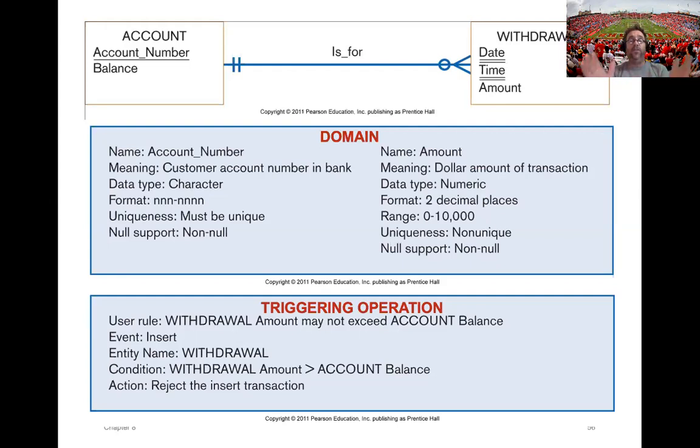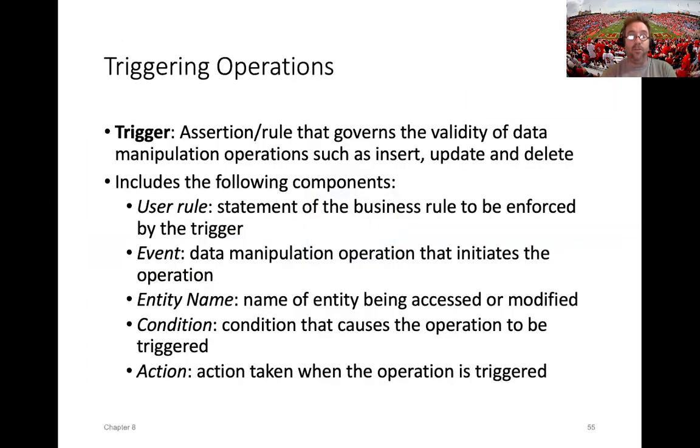So essentially the relationship between these 2 entity types, what we're saying is that each time we try to make a withdrawal from our account, from the account number of whatever it is, we can only take out the amount of money that is based on our balance value in the account entity type. Okay, so let's see how I can say that. Let's look at our triggering operation, which basically is all of these components.